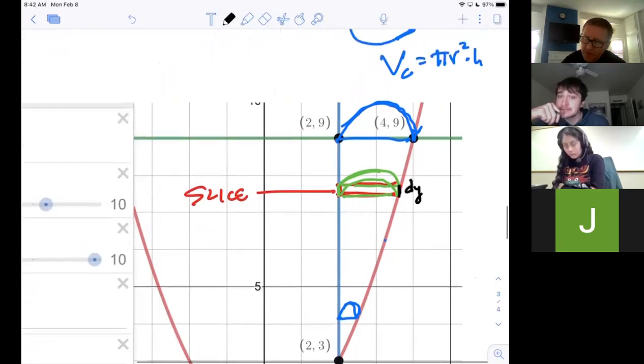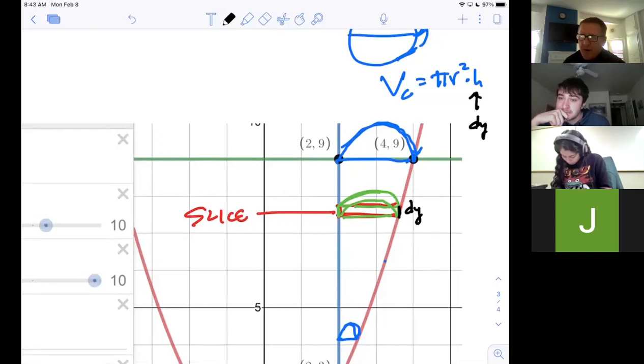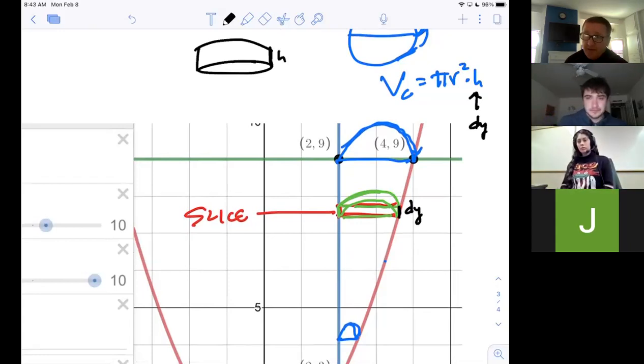The formula for a cylinder is asking for two things: the height, which we just figured out is a little bit of y, and that might bother you because the height is laying down. But if you had a cylinder laying like this, the height is that distance. It doesn't matter which direction the thing is laying.